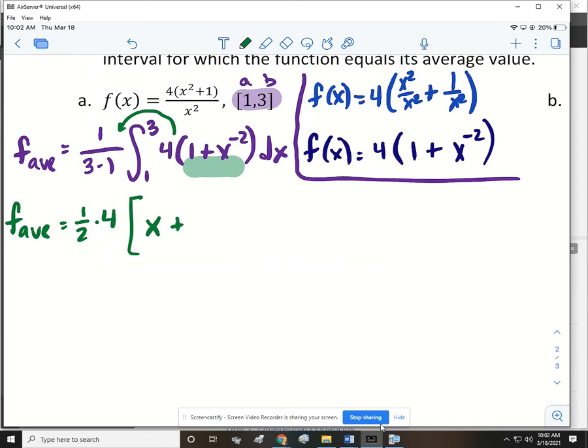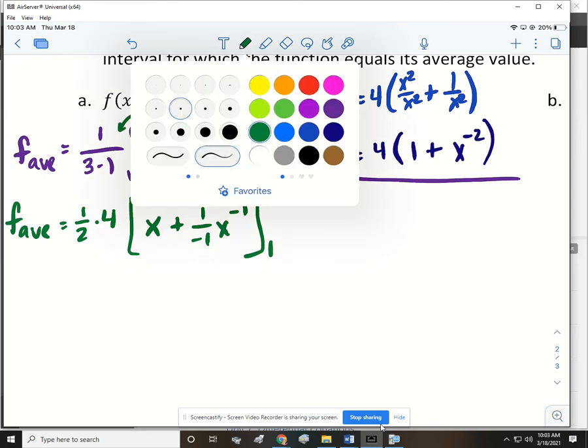And then for x to the negative 2, we add 1 and divide by our new exponent. And then we're going to use the fundamental theorem of calculus to find the definite integral from 1 to 3.